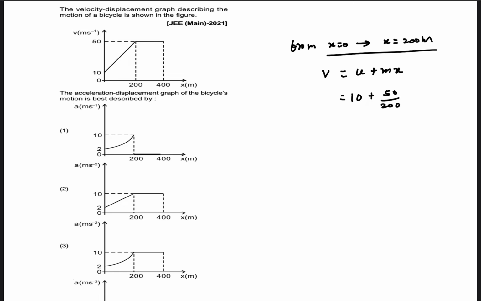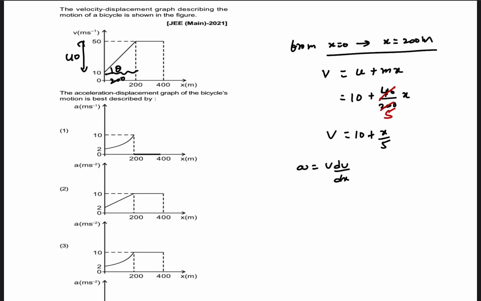U value is 10, slope is 40 divided by 200. If you write 40 divided by the 200 into x, 5 times get cancelled, we get 10 plus x divided by the 5 is the velocity.